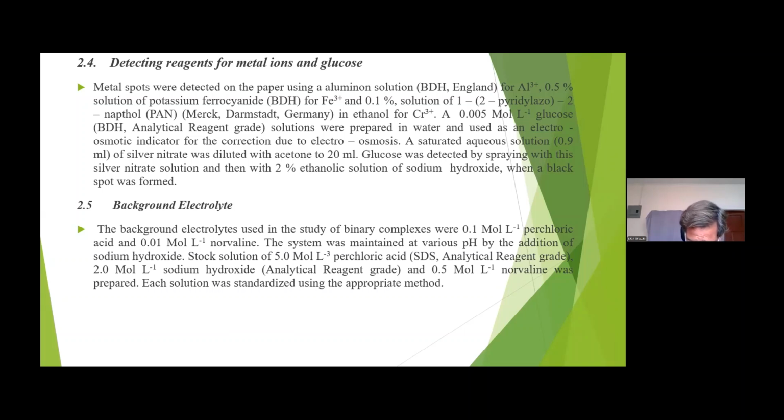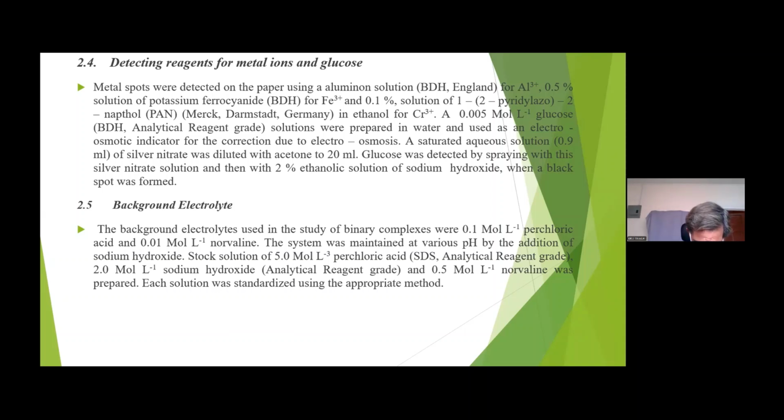A saturated aqueous solution of silver nitrate was diluted with acetone, 20 milliliter. Glucose was detected by spraying with this silver nitrate solution and then 2% ethanolic solution of sodium hydroxide until a black spot is formed.